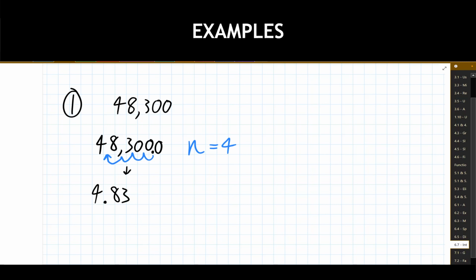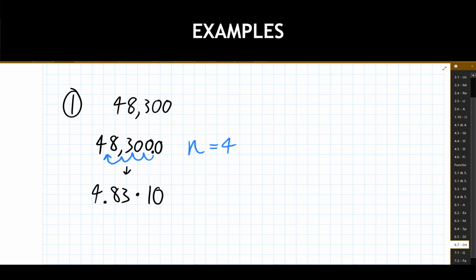Now for step 3, we need to write down the number as a product with a power of 10. So, is this going to be 10 to the 4th power or 10 to the negative 4th power? We can think of it like this. Was our original number bigger than 1?